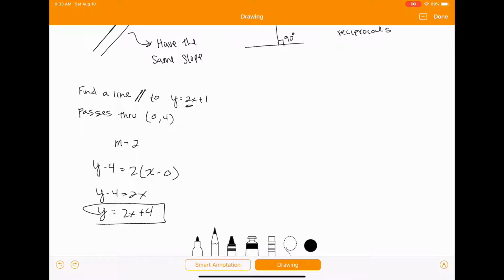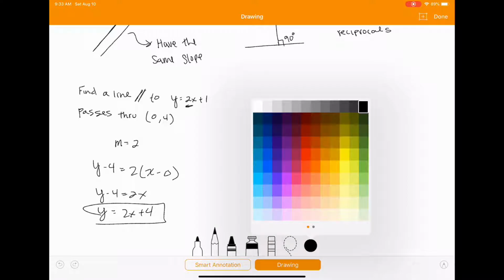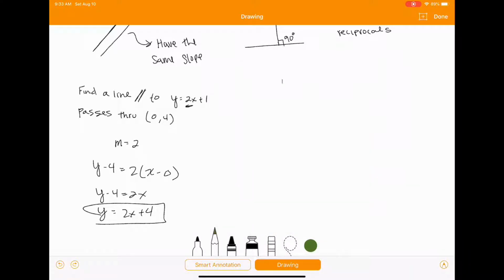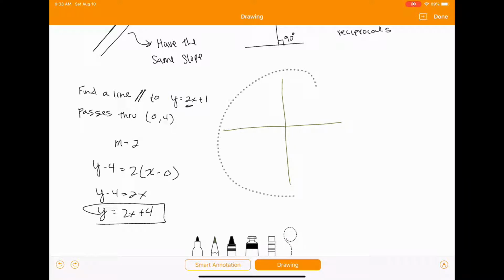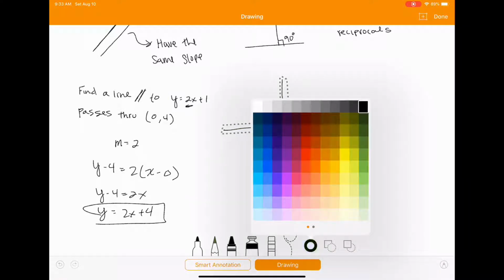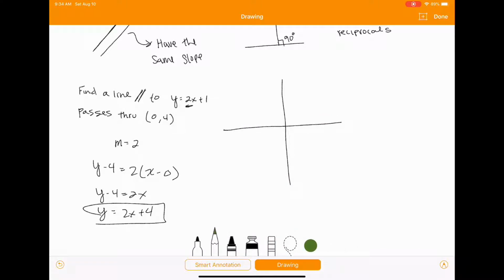So we can actually do that over here really fast, just so you can see it visually. All right, so for this first line that we're given here, we'll go ahead and let's do this in black. All right, we're going to plot this one here in green. So we got our y-intercept of +1 and then a slope of 2x.